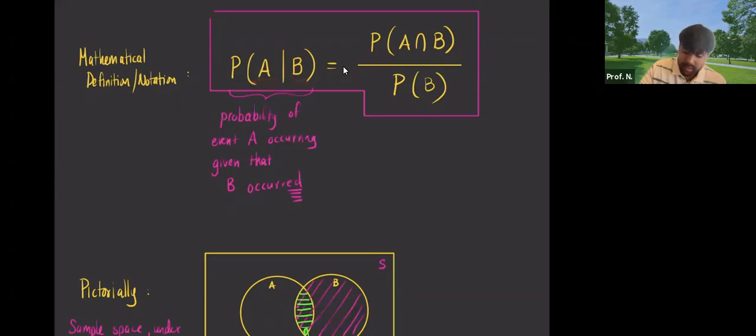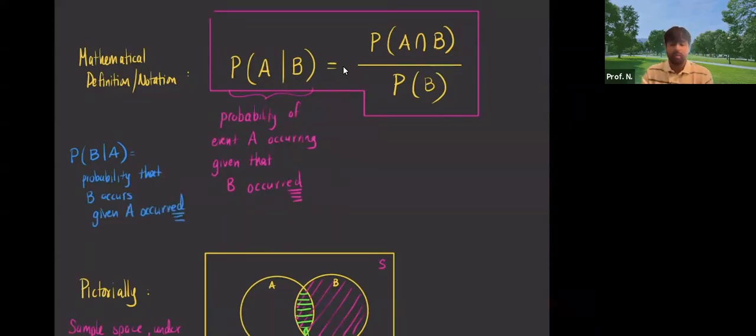So if I write B given A, I'm saying what's the probability that B occurs given A occurs? A occurred. So the order of what letter comes before or after the bar does matter.